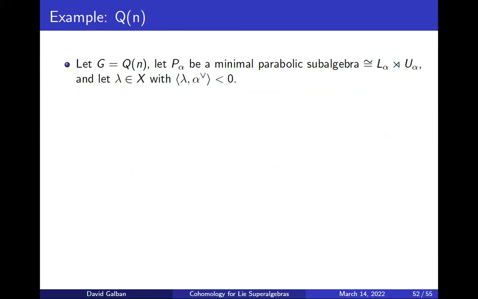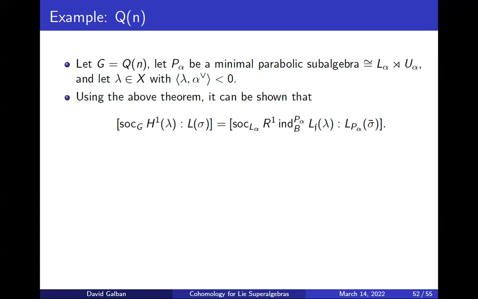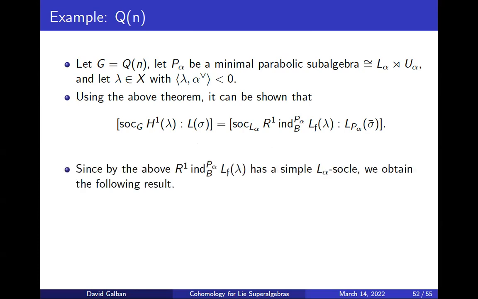Based on that, let now G be Q(n), and P_alpha be a minimal parabolic subalgebra, isomorphic to L_alpha semi-direct U_alpha. Suppose we have some lambda in X with the pairing of lambda and alpha check being less than 0. Using the above theorem, it can be shown that we have this equivalence of indices of L of sigma in the G socle to L_P_alpha of sigma bar in the L_alpha socle.